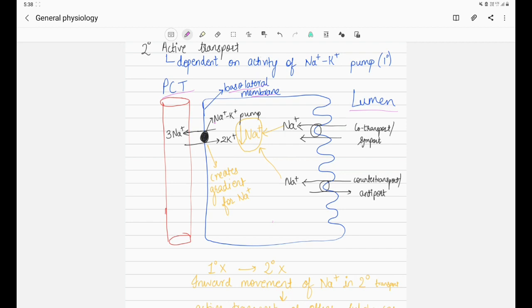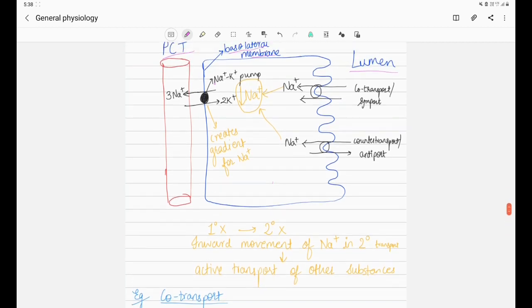This is your secondary active transport. So if the ion is entering together with the sodium, then it is co-transport or symport, basically in the same direction. If the ion is going in the opposite direction to the entry of sodium, that is entering or exiting out, then that is counter-transport or antiport.